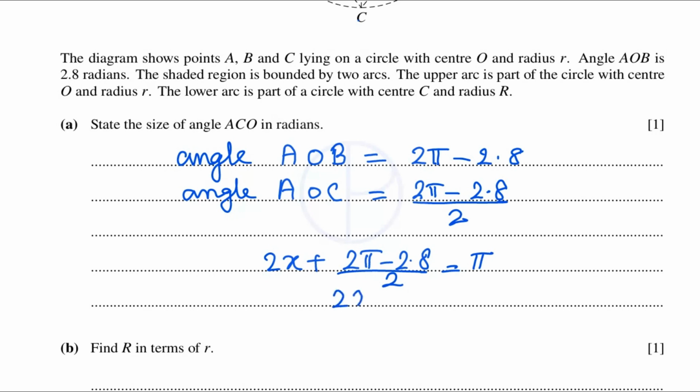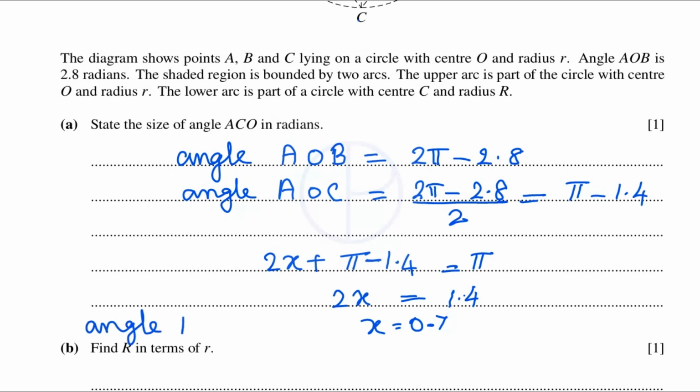Let me simplify this here itself: pi minus 1.4. This pi and pi cancel, so 2x will be equal to 1.4, so x will be equal to 0.7. So angle ACO is equal to 0.7.